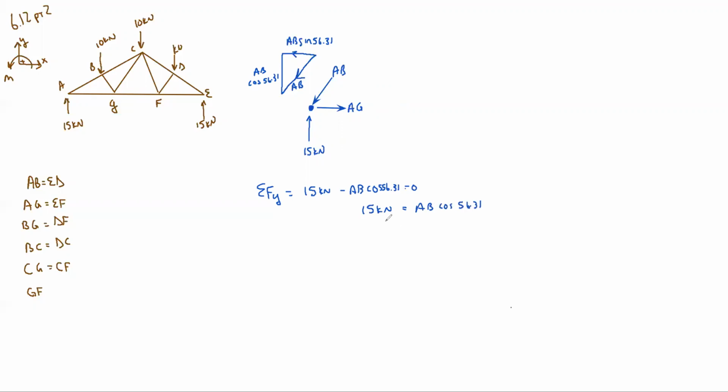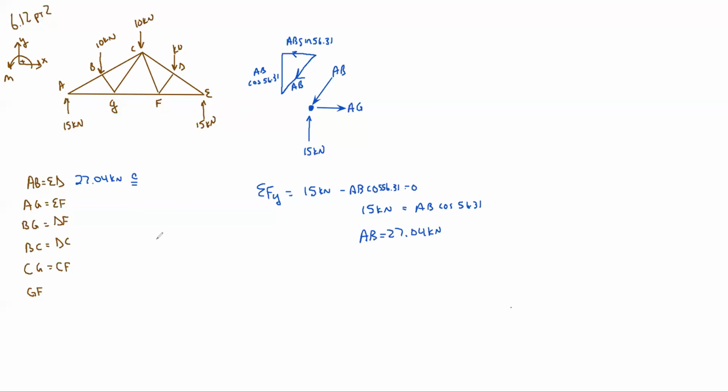Divide both sides by cosine 56.31, and we get that AB is equal to 27.04 kilonewtons. I have that as a positive number, which indicates that my arrow is in the correct direction. In this case, it is in compression: 27.04 kilonewtons in compression.